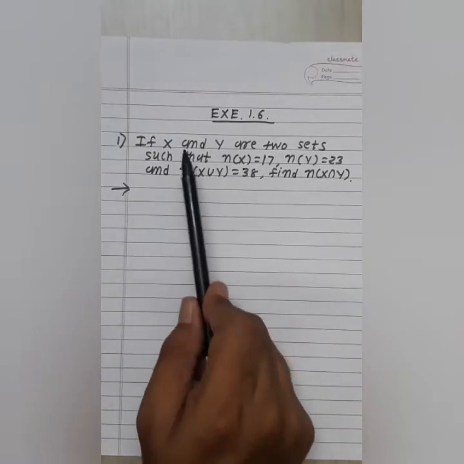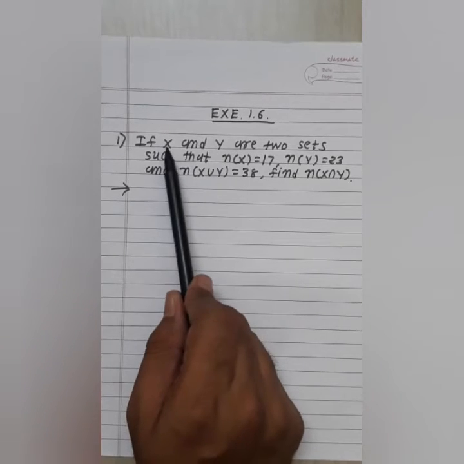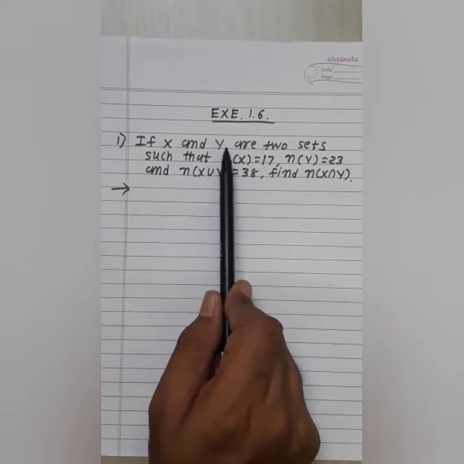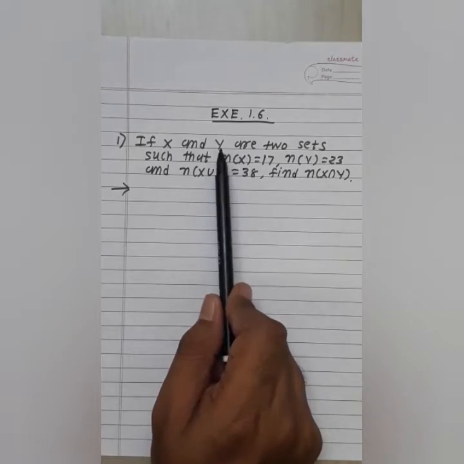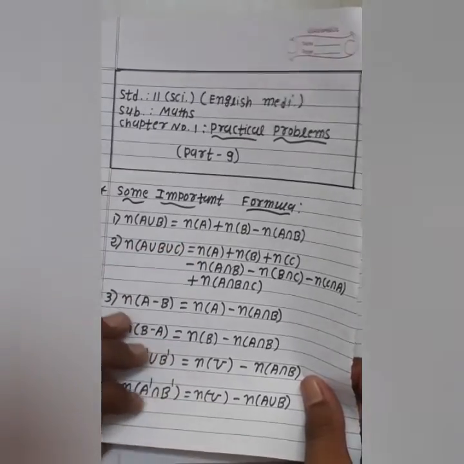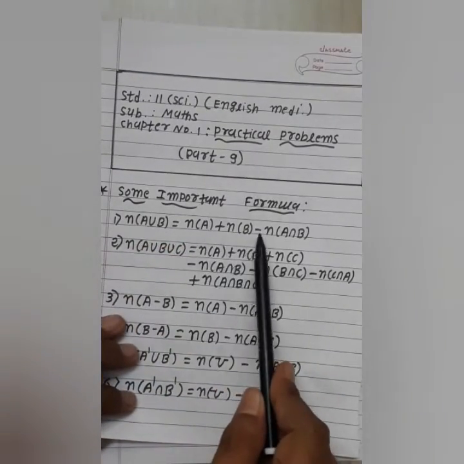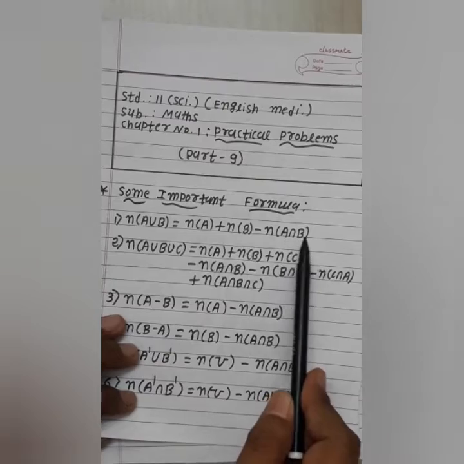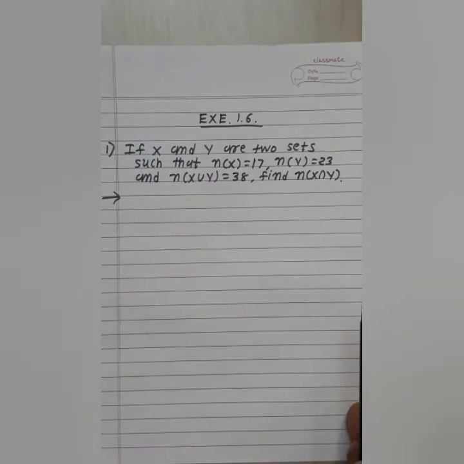So here two sets are present, set x and set y, so we use the first formula, n of A union B is equal to n of A plus n of B minus n of A intersection B. Here the data is given.